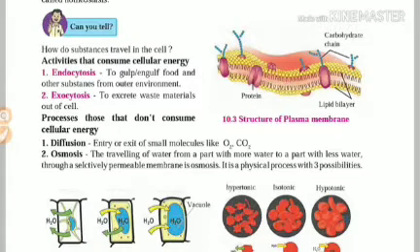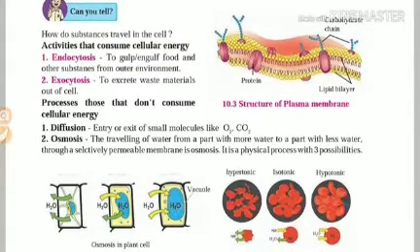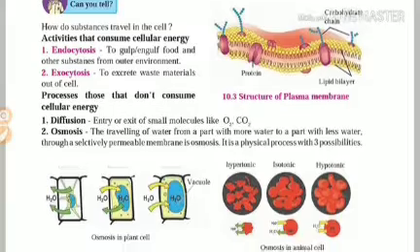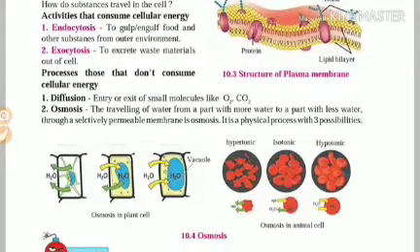Endocytosis means the cell accepts outer material from the outer environment, like food, water, etc. And exocytosis means the cell excretes waste material out of the cell. Both of these processes consume cellular energy.